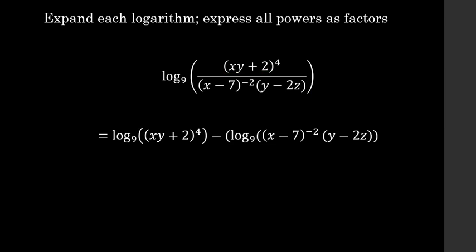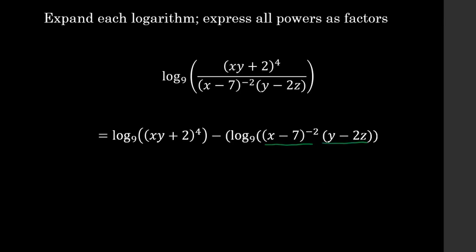As we see, log base 9 of everything on top minus log base 9 of everything that is on the bottom. Now, product property. There's no product happening here, not a clear product of two separate things. Here, though, there is a product of two separate things. The x minus 7 to the power negative 2 and the y minus 2z.